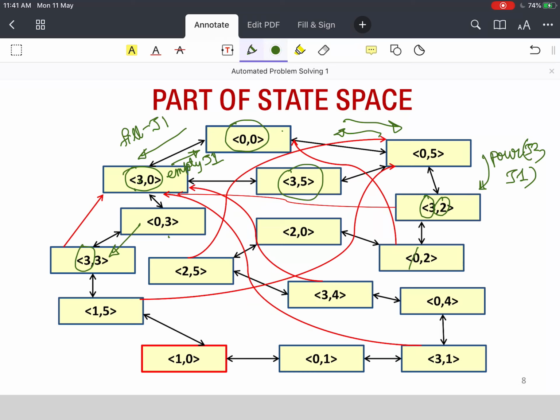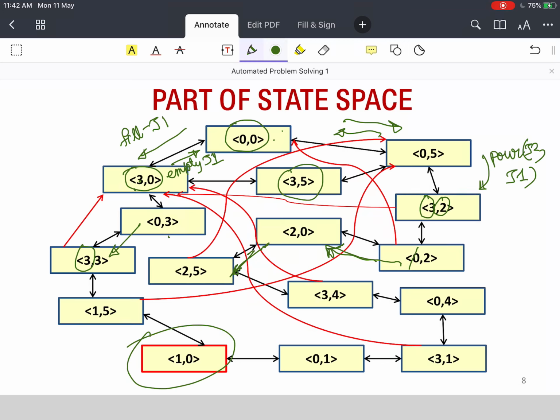Then you can transfer these 2 liters to jug 2. Then you can again fill up jug 2. This you transfer from jug 2 to jug 1. Then from here you can again fill up jug 1 and so on and so forth. And then we need to find a sequence of these moves to reach my goal state.